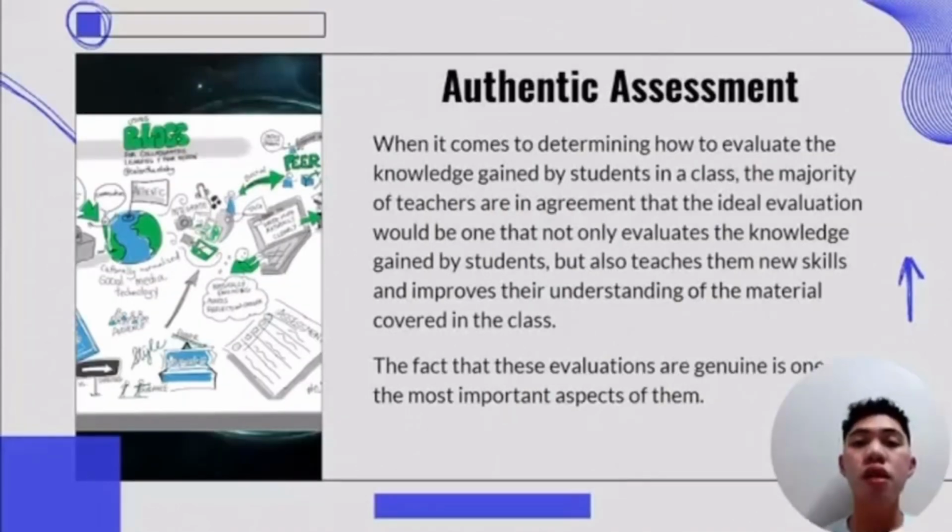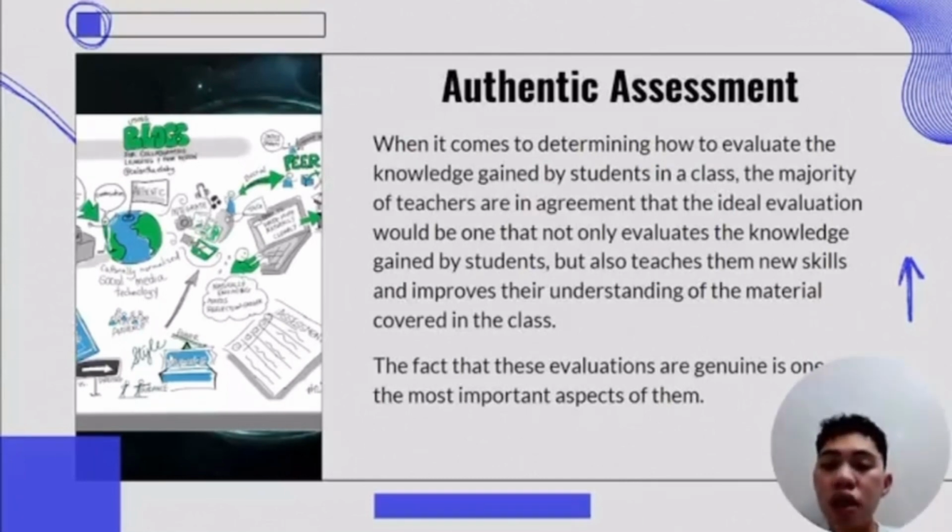So next one is authentic assessment. A while ago we talked about the performance assessment, and now we're dealing with authentic assessment.